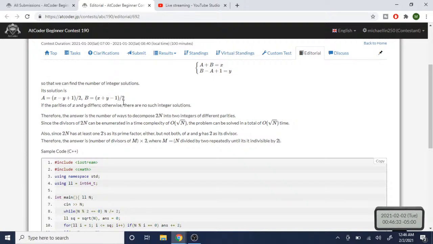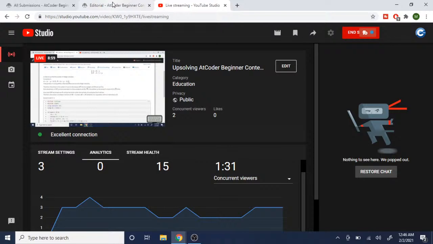So 5 minus 2 is 3, 3 plus 1 is 4, 4 over 2 is 2. Okay, that's right. 5 plus 2 is 7, minus 1 is 6, over 2 is 3. Okay, so they have to be different parities. One is odd, one is even. That's what that means.